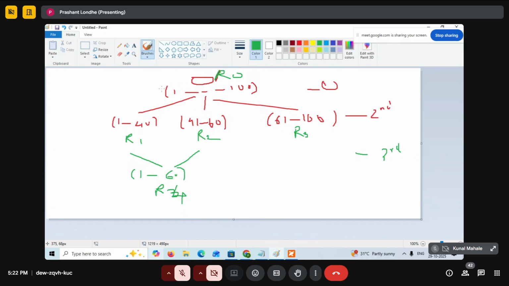Here you can find the different kinds of logical relation between R0, R1, R2 and R3, and then from R1 and R2 you have evolved R4.